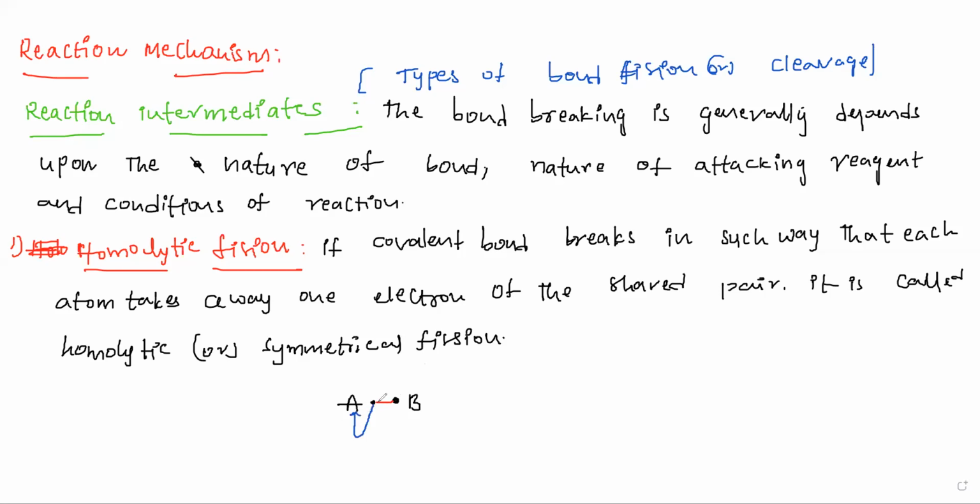This electron goes to A, and this electron goes to B. Each has a single electron, so both A and B are free radicals. You know already that free radicals are species with an odd number of electrons.